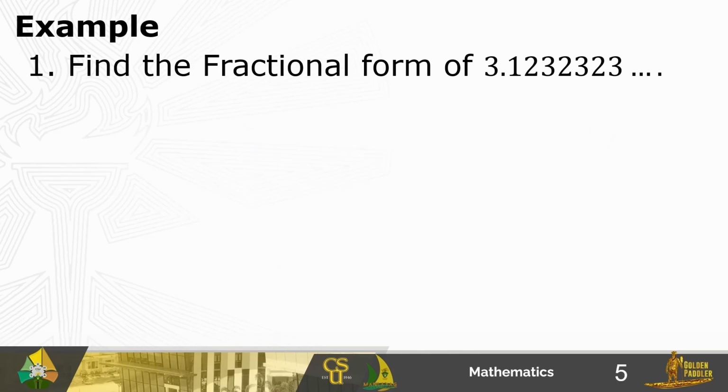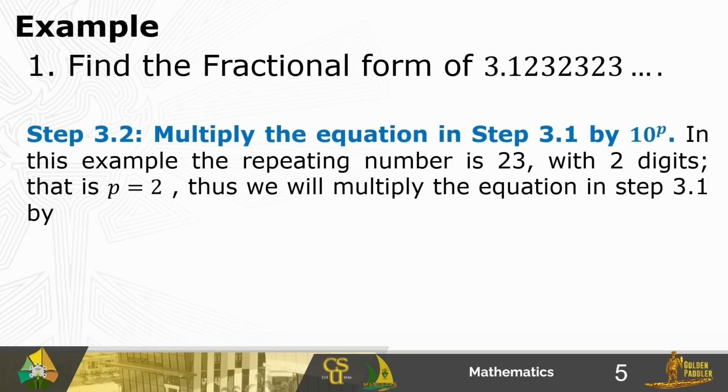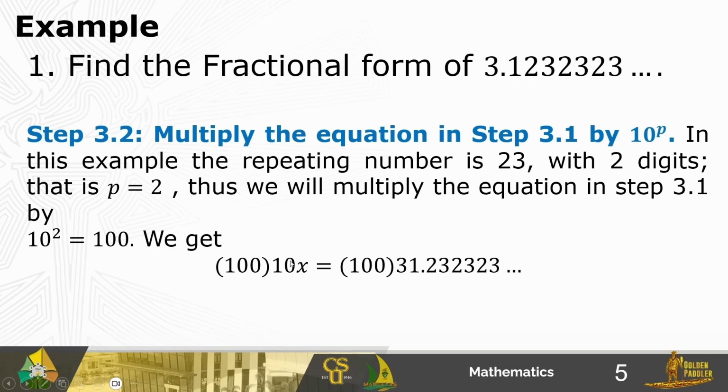Now for step 3.2, we multiply the equation in 3.1 by 10 to the p. In this example, the repeating number is 23 with 2 digits, meaning p is equal to 2. Thus, we multiply the equation in 3.1 by 10 squared, which is 100. From step 3.1, we have 10x equal to 31.23 and so on, so we multiply both sides by 100.